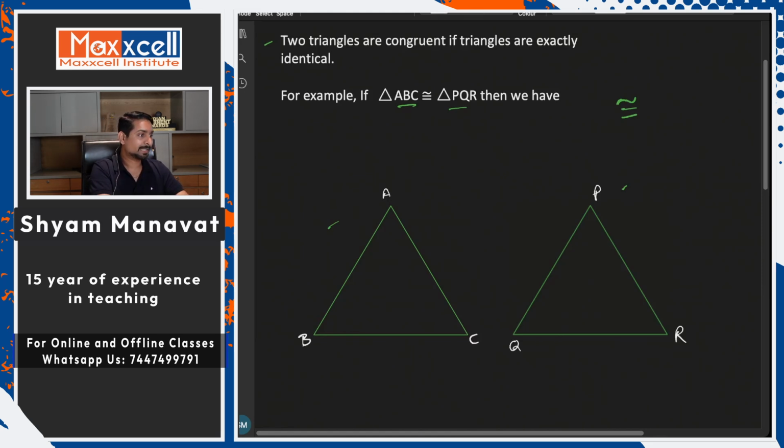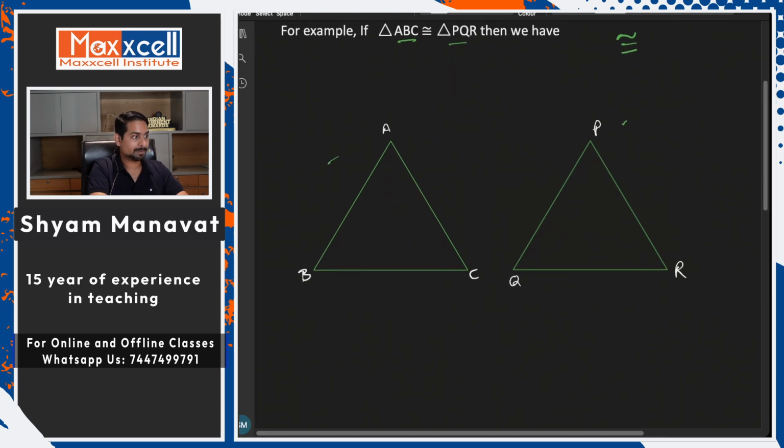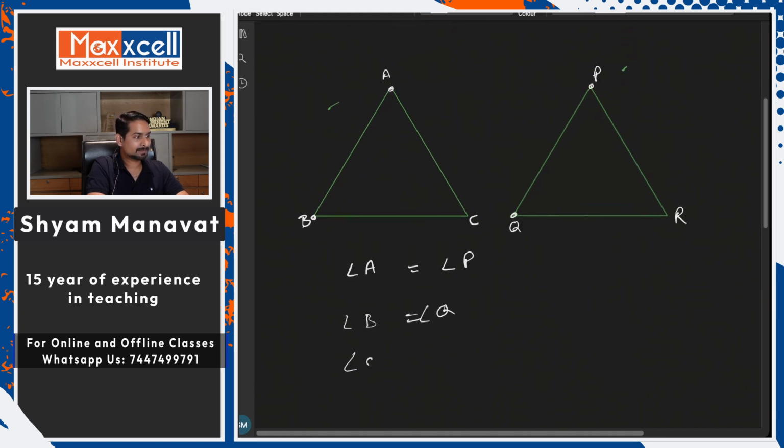For example, ABC can be said to be congruent to triangle PQR if angle A is equal to angle P, angle B is equal to angle Q, and angle C is equal to angle R. Do you see the corresponding points? Congruent.